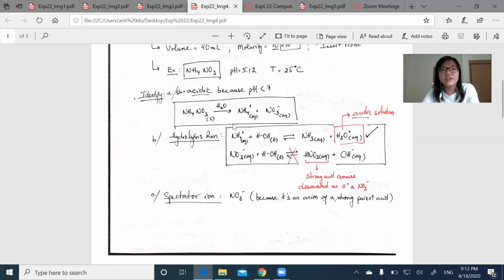And the other equation, on the other hand, actually produces a weak base, ammonia, and a hydronium ion. The funny thing about weak bases and weak acids is that they cannot completely dissociate.